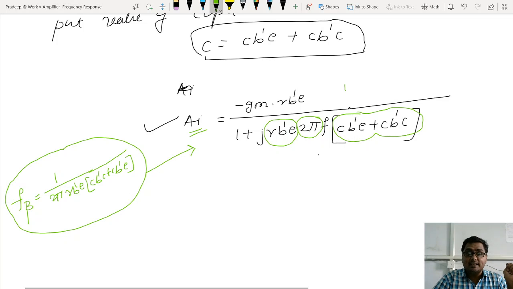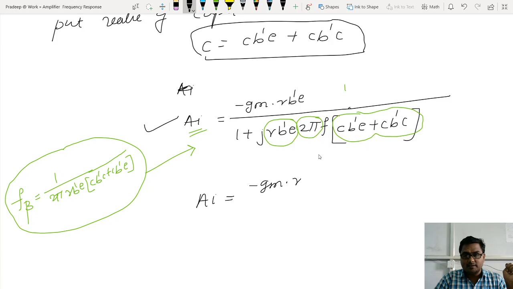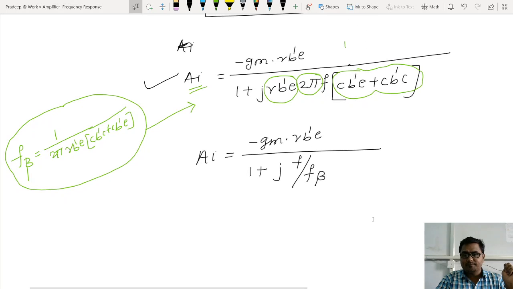So let me rearrange it, and the rearrangement will be gm multiplied by R B dash E divided by 1 plus, still I am keeping the value of j as it is. Now it will be divided by f beta. Let's check whether this arrangement is okay. I am just putting the value of f beta here in the above equation.